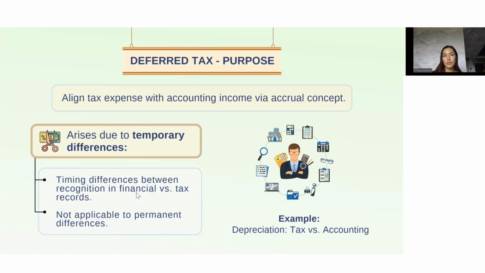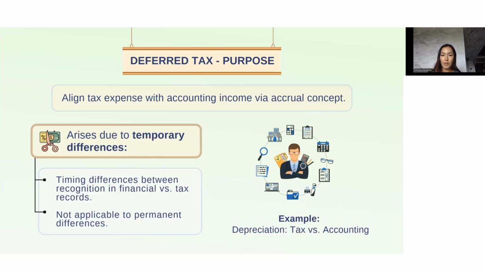Just because of using the reducing balance method, at the beginning you have more depreciation than in your tax records. So in this case, this is a timing difference. Anyway, when you depreciate over the full useful life of your asset, they will recover each other, right? Not applicable to permanent differences, so temporary differences and deferred taxes are the related terms.